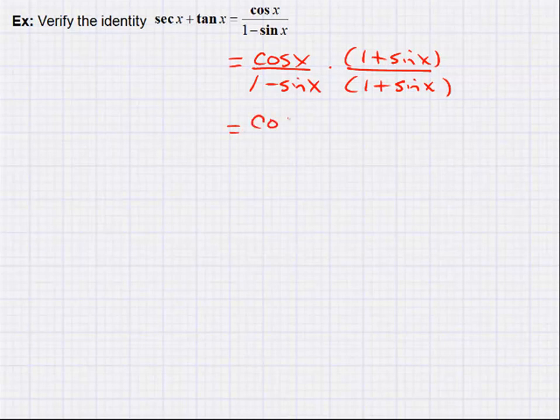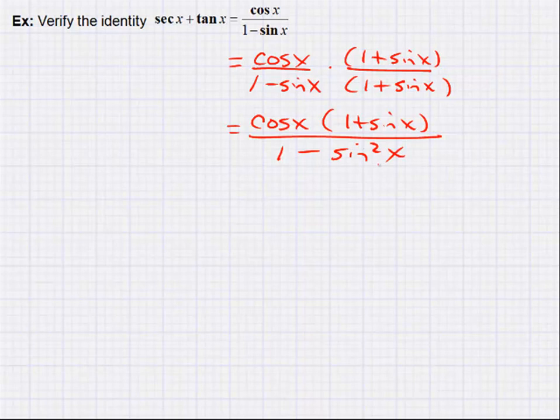So what do I get? I get cosine x times 1 plus sine x all over 1 minus sine squared. 1 minus sine squared is cosine squared. So this denominator is cosine squared.